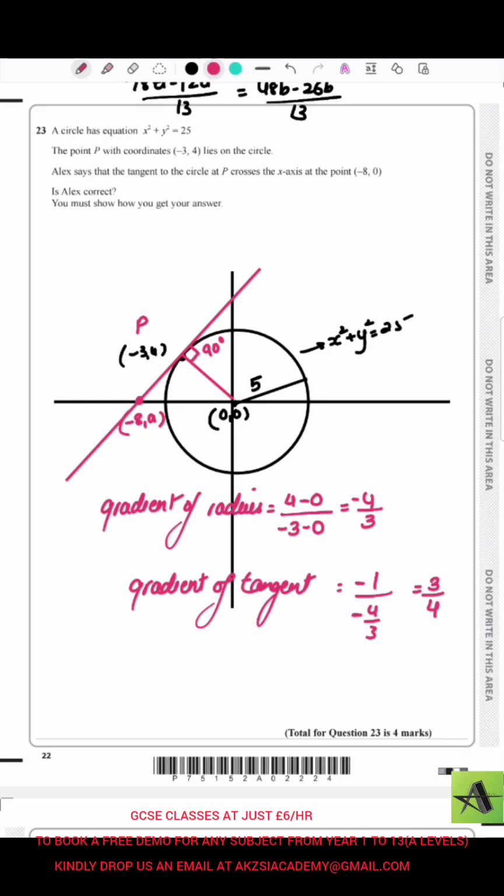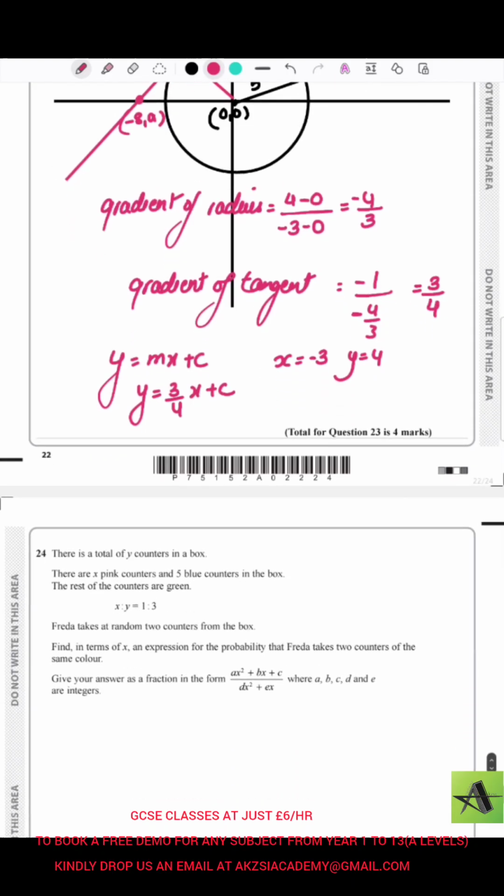Now we have to find the equation of this. We know that y equals mx plus c is the standard equation. The gradient we have calculated, which is 3 over 4. So y equals 3 over 4x plus c. Now we have to plug in the values of any one coordinate that is on the straight line, which is clearly -3, 4. So in place of y I'll write 4 and in place of x I'll write -3.